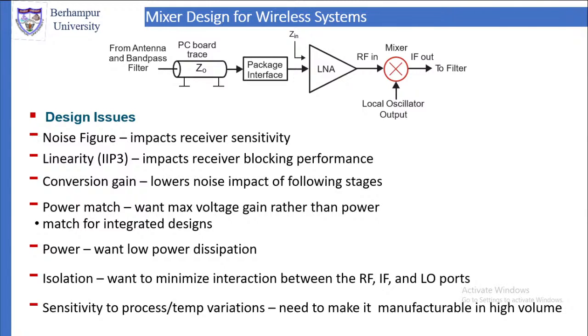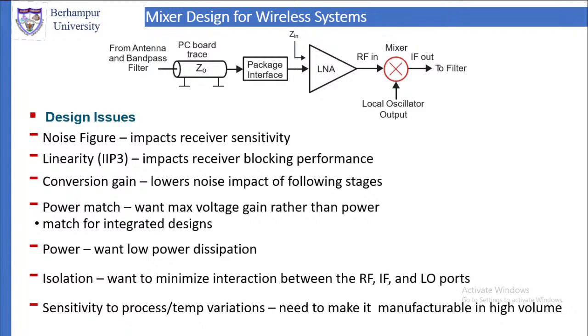As I told, the LNA and mixer have to be integrated in the design. Then power, we want less power dissipation, so the battery life will be high. Then isolation, you want to minimize interaction between the RF, IF and LO ports. They should not interact with each other, so that power flows seamlessly from RF to IF stage, and between the RF and LO stage.